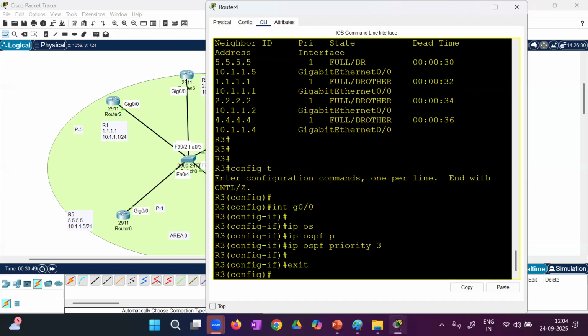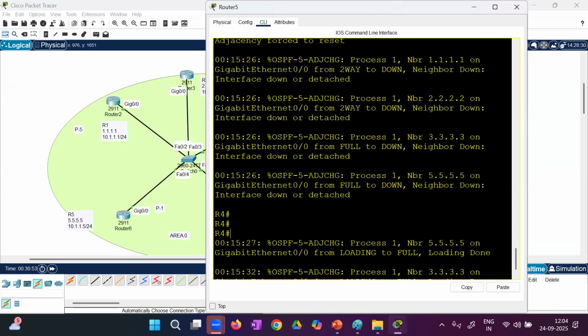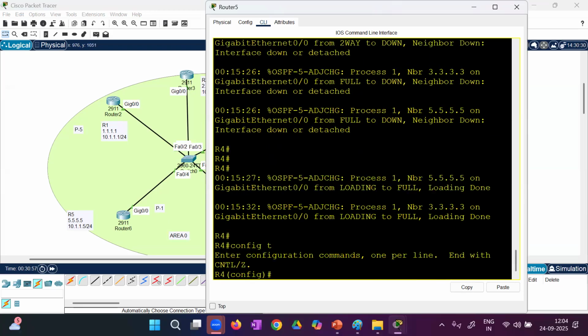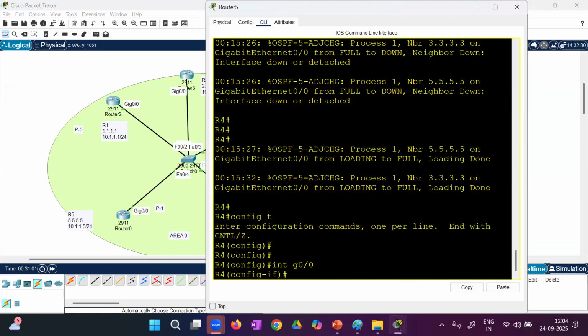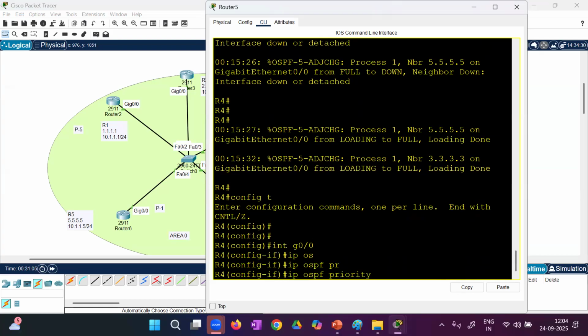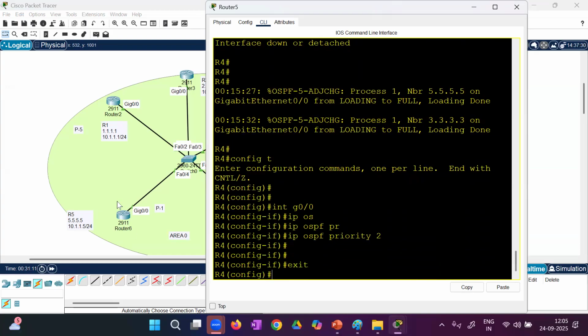Give exit. Next, come to this router 4. Config t. Then interface G0/0. ip ospf priority 2. And even if we do not change here, no problem. By default, it is 1 only, right?